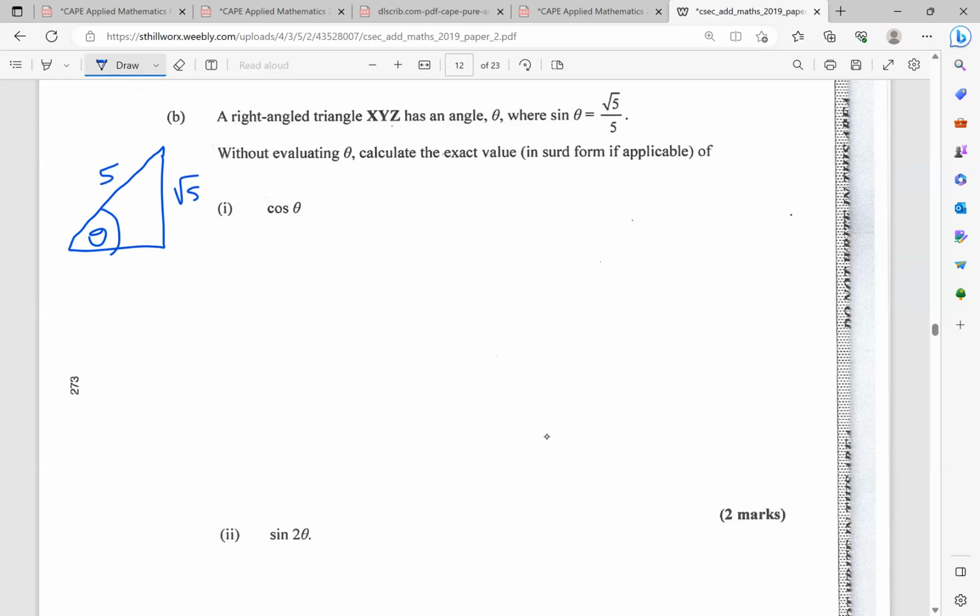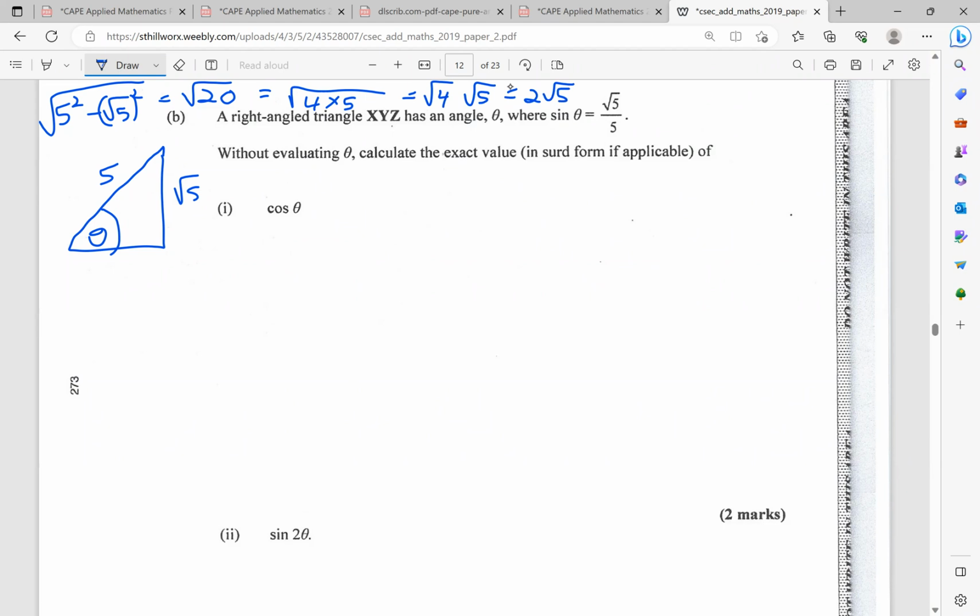So therefore this side is 5 squared minus root 5 squared, the square root of that, which is root 20, right? Now that exact surd form is a big issue. What you have to do is split it, 4 times 5, which is root 4 root 5, 2 root 5.